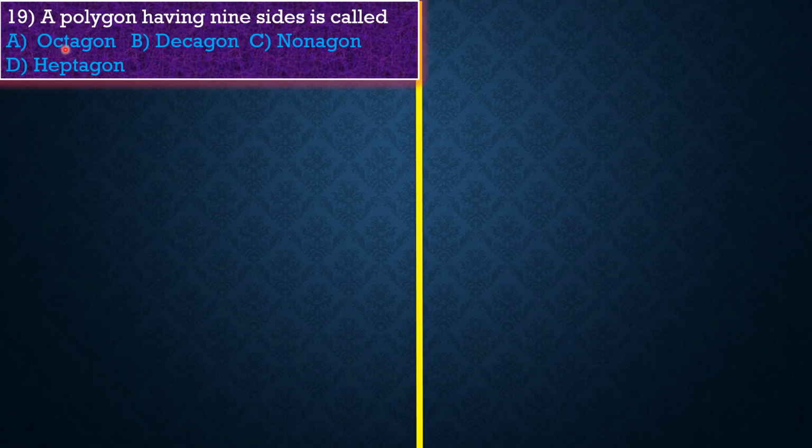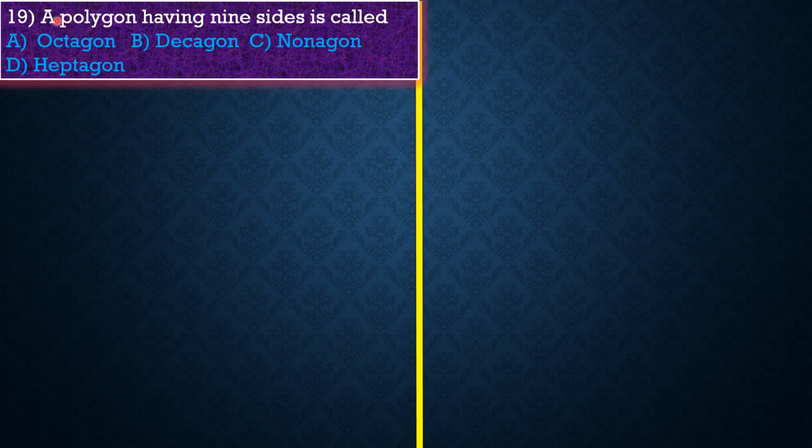Question 19 is that a polygon having 9 sides is called. I just hope we didn't make an error here. Friends, a 9-sided polygon is a nonagon. Oops, I'm sorry. So nonagon has to be the best option.